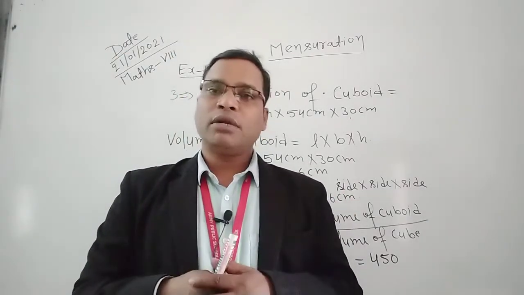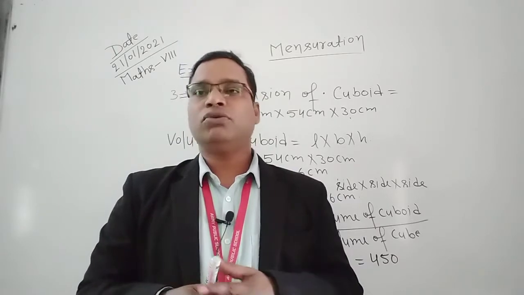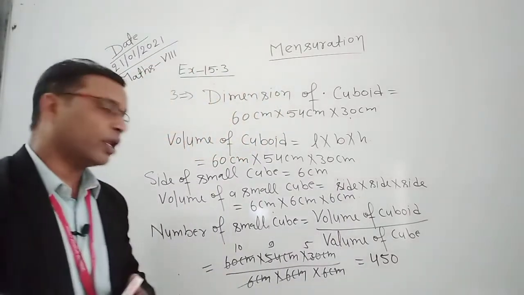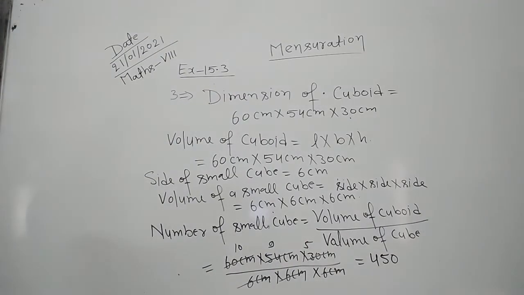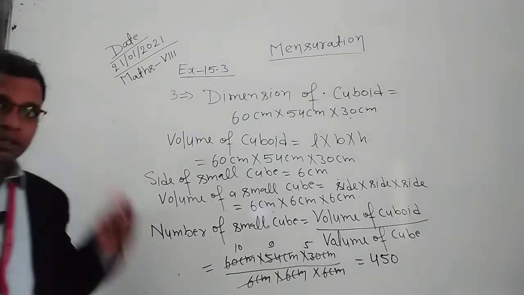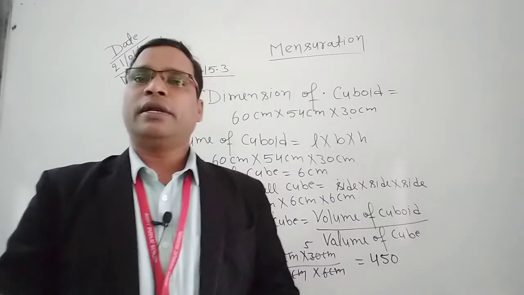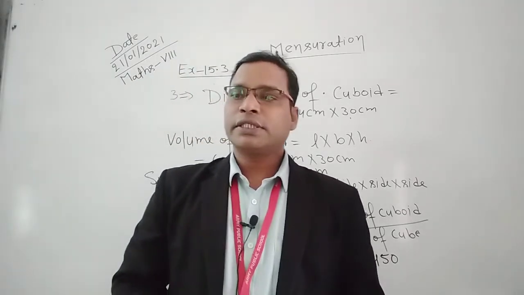When you divide the volume of the cuboid by the volume of a small cube, then you can find the number of small cubes, which is 450. This is clear.